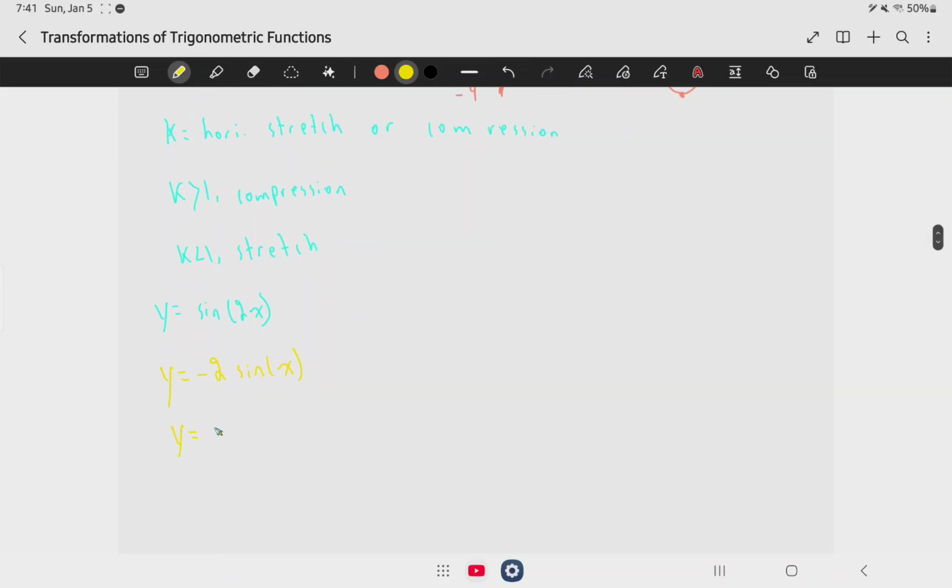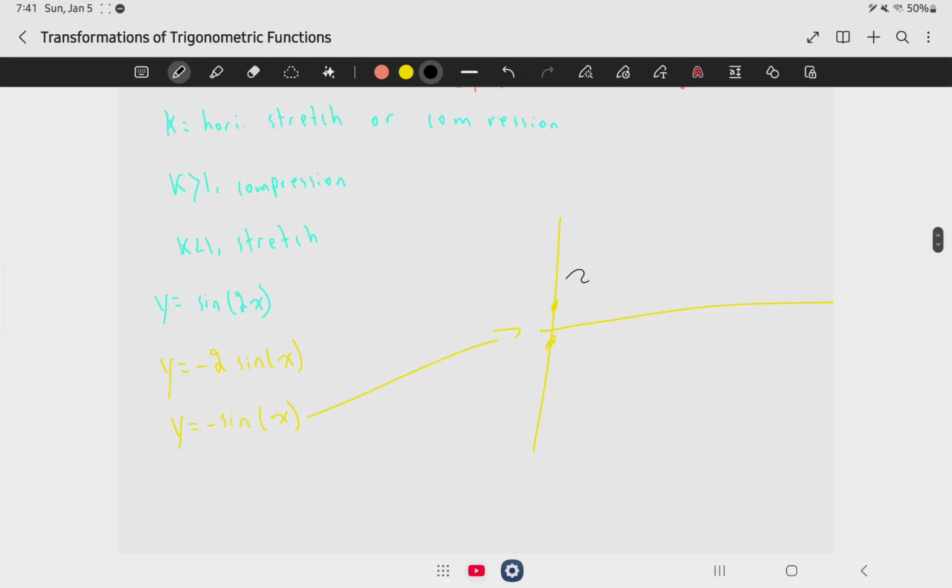It could even be y is equal to negative sine x or cos x or tan x. If we take negative sine x as an example, a normal graph of sine would simply look like this. That would be a base sine graph.